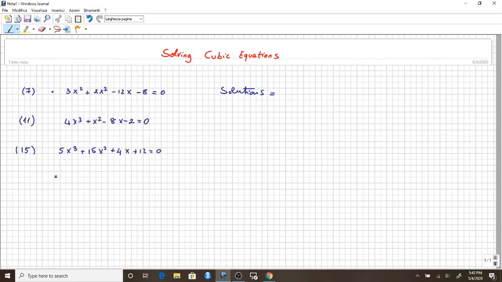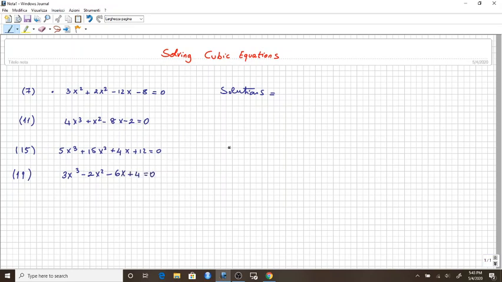And then the last one is number 19, whose equation is 3x cubed minus 2x squared minus 6x plus 4 equal to 0.